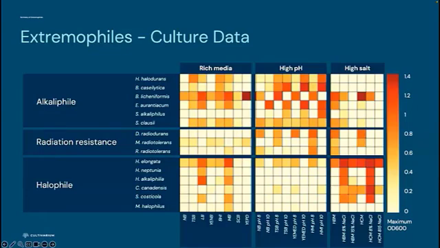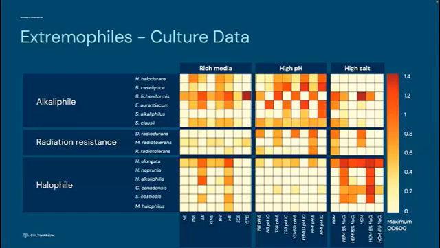But the interesting thing is that in both cases, we were able to use more common media with lower salts and lower pH to support their growth. And this simplifies a lot their handling in the lab.